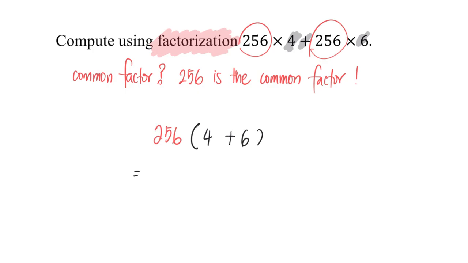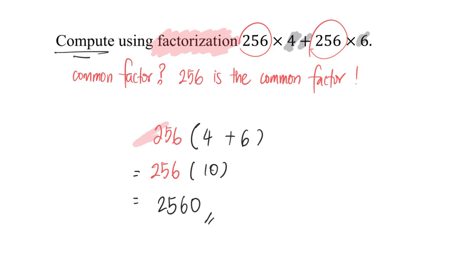And we can continue to simplify this. 4 plus 6 is equals to 10. So basically this question, we would be able to compute easily now. 256 times 10 is simply 2,560. Alright.